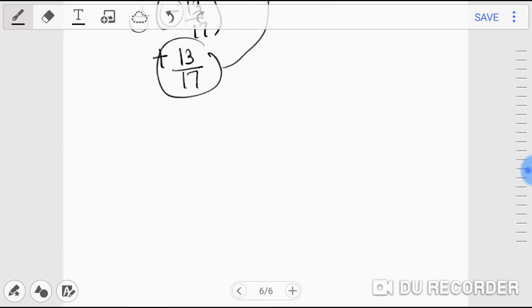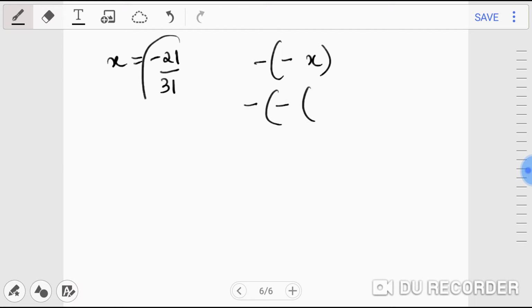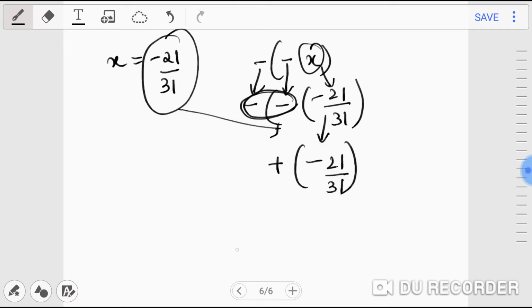We will take one more. Suppose if I give you x is equal to minus 21 upon 31 and you have to find minus minus x. So that will be minus minus and your x value is minus 21 upon 31. Now my dear kids, minus minus becomes plus, and here I am taking this down, minus 21 upon 31.